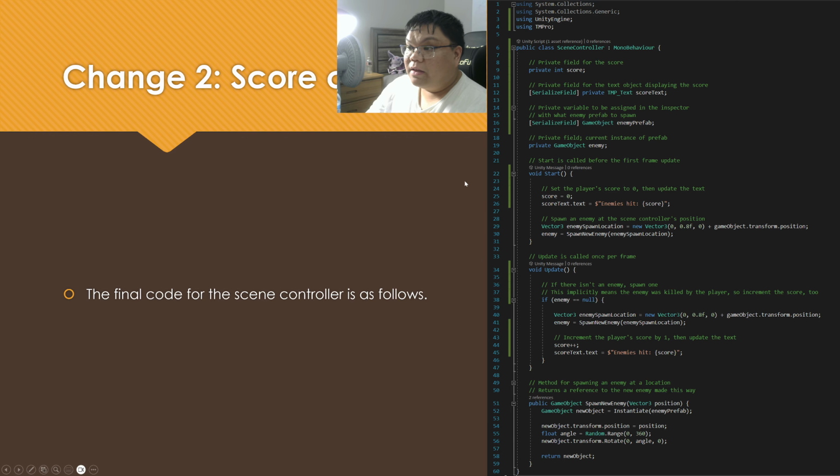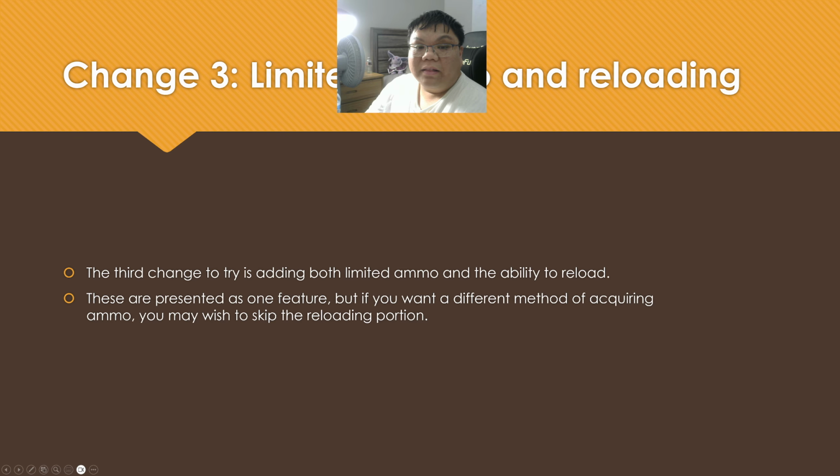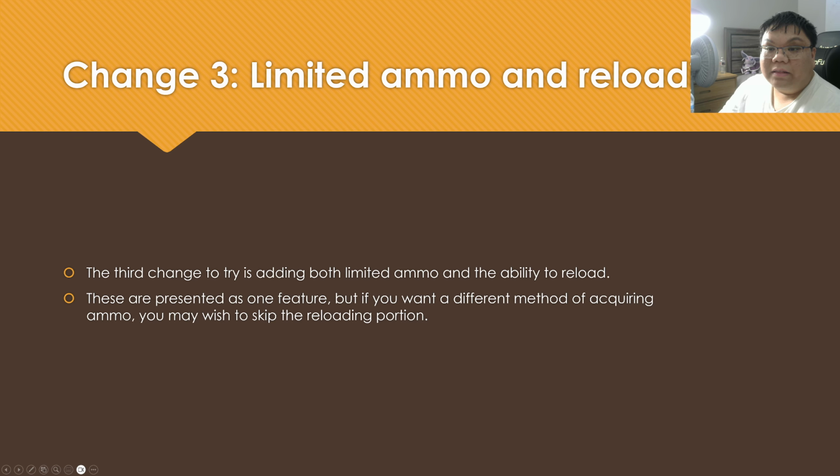Okay. So, the last thing we're going to implement is limited ammo and the ability to reload. All these three changes were suggestions that were made in class that I have taken the time to implement and explain here.